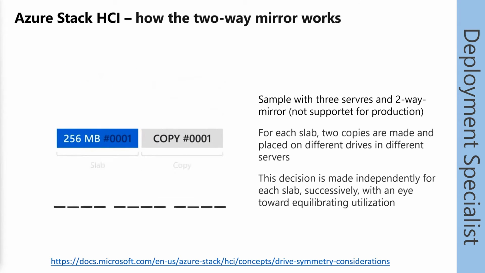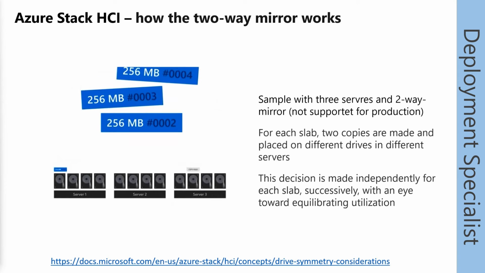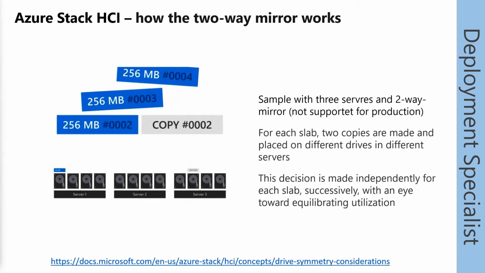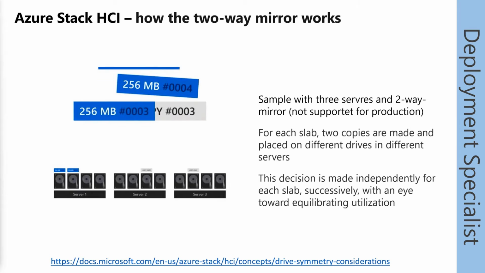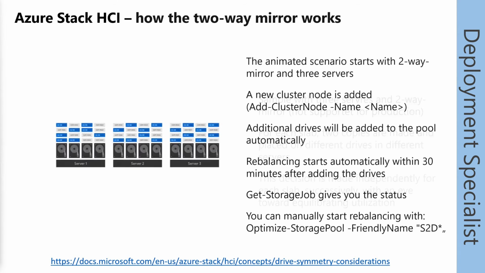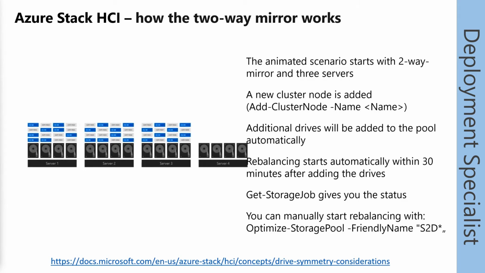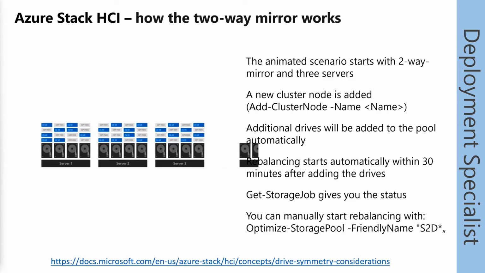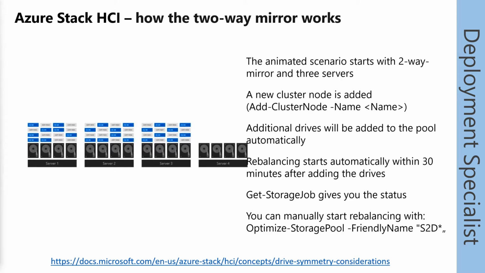The interesting thing is, when we use these extents, and the extents are built automatically by Storage Spaces Direct in Azure Stack HCI, it's easy to add servers. Because if we add servers, these extents can be redistributed so that the capacity of this additional server is consumed, and we will have a rebalancing of original and copy slabs.